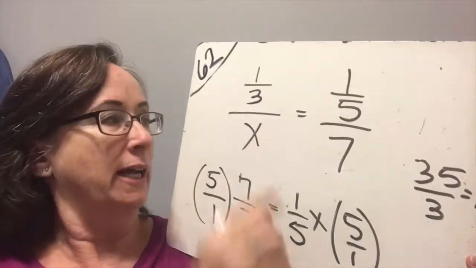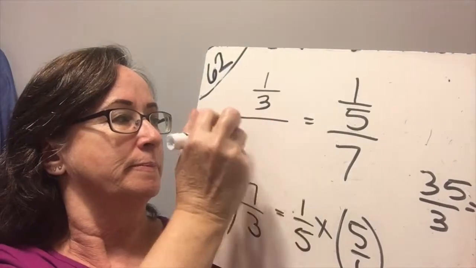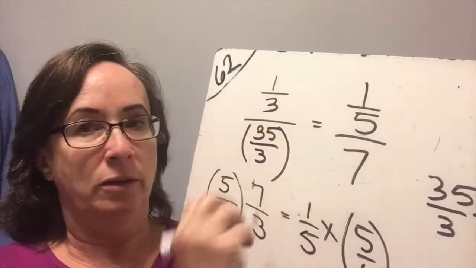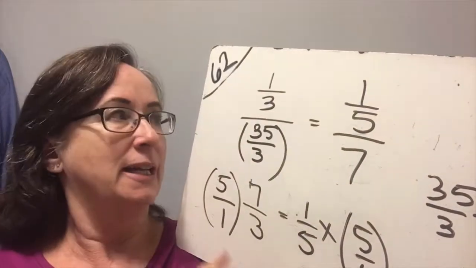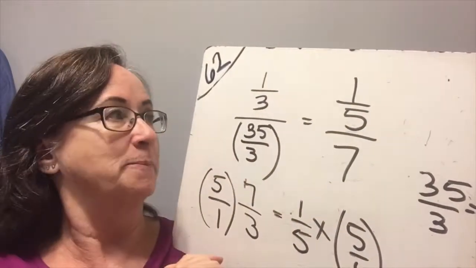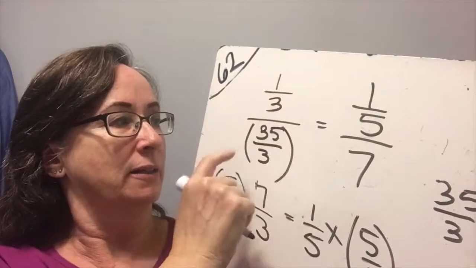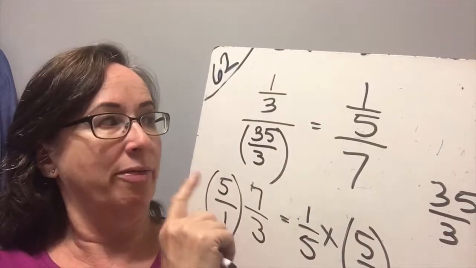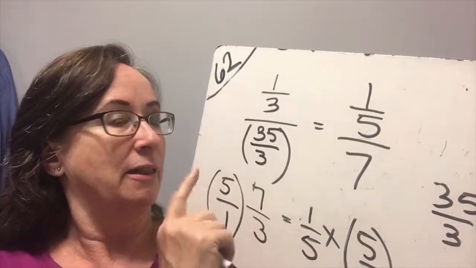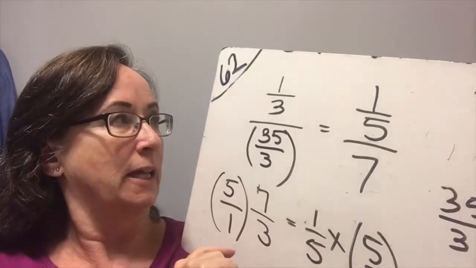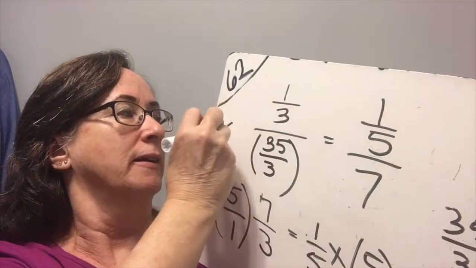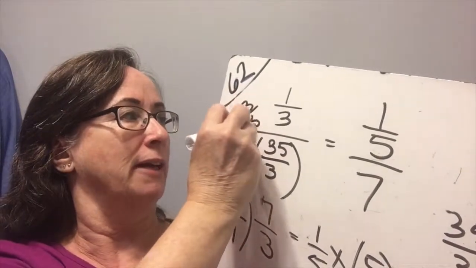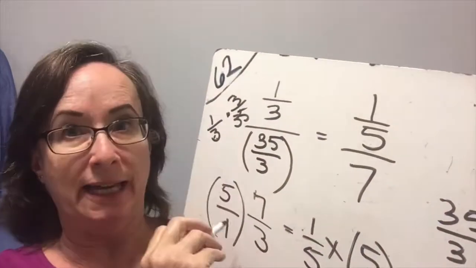So now we're going to check it. We're going to just simplify this time. So 1/3 divided by 35/3 is 1/3 times the reciprocal 3/35. Can you see that the 3's are going to cancel?